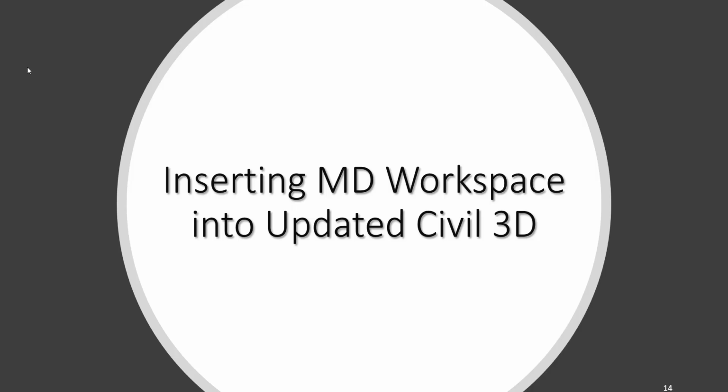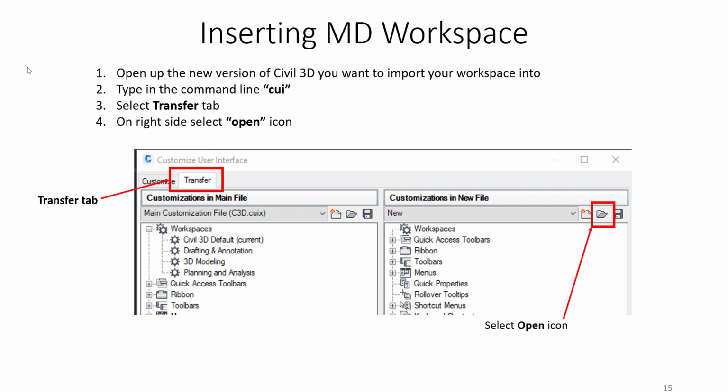So if you don't have a specific workspace saved, I've created one in our SharePoint location under Civil 3D support files. And this will go over the steps of then importing that workspace. Same type of concept. Open up the new version of Civil 3D, type in the command line CUI, select the transfer tab.